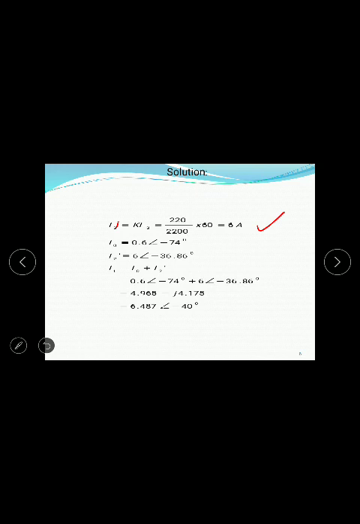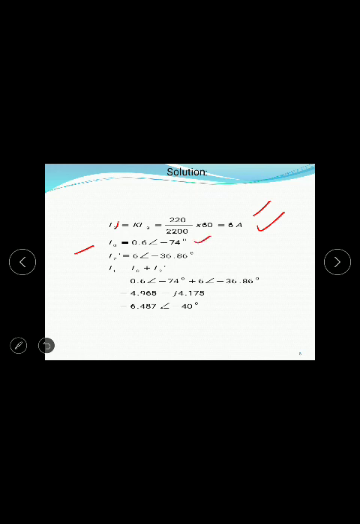K is V2 by V1, that is 220 by 2200, which gives 1 by 10 into 60, that means 6 amps.